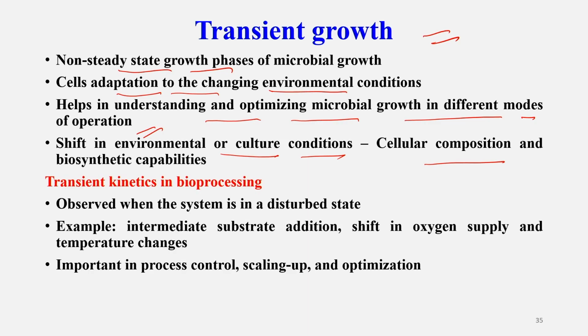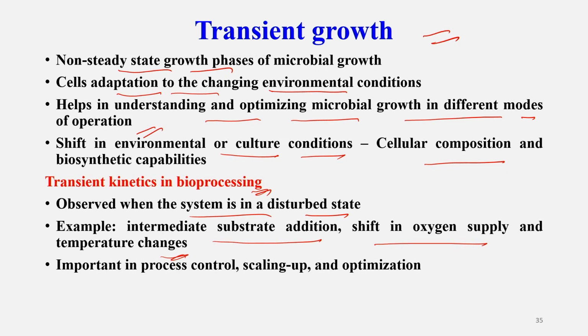What is the importance of transient kinetics in bioprocessing? This is observed when the system is in a perturbed state. There is no steady state, some changes have taken place. For example, intermediate substrate addition, shift in the oxygen supply or the temperature change.